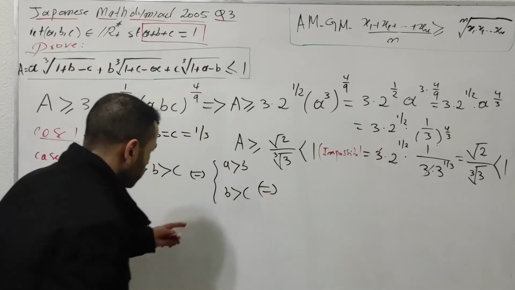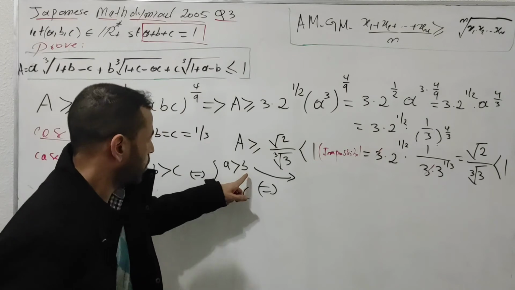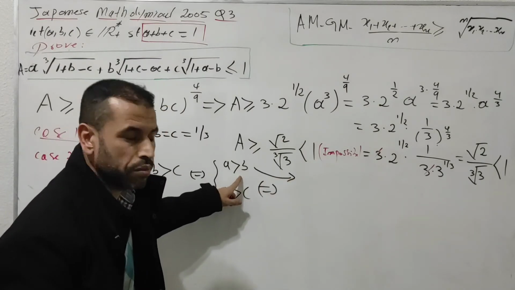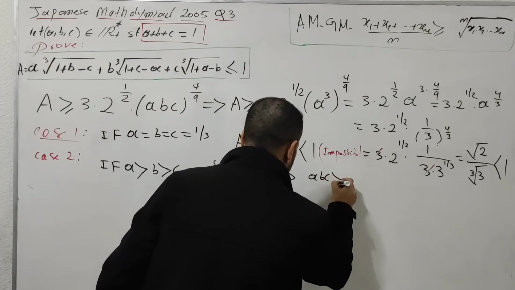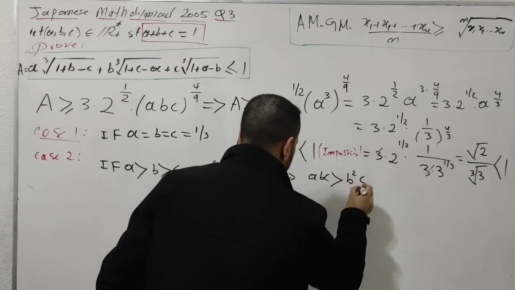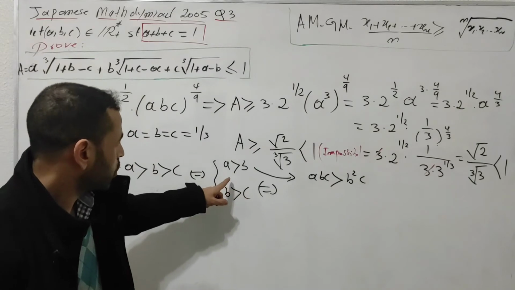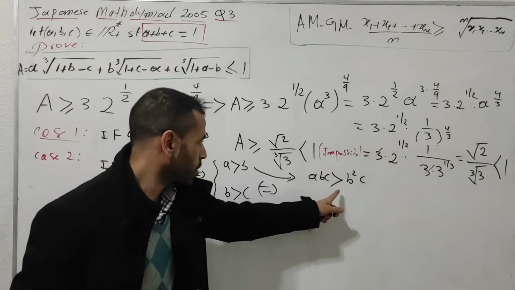It's equivalent. So now in this inequality, I'm going to multiply both sides by BC. I will get ABC is strictly superior than B square C. Okay? Multiplying BC on both sides gives us this one.